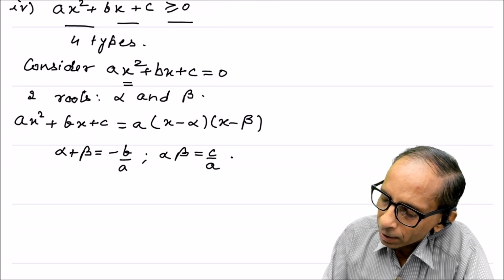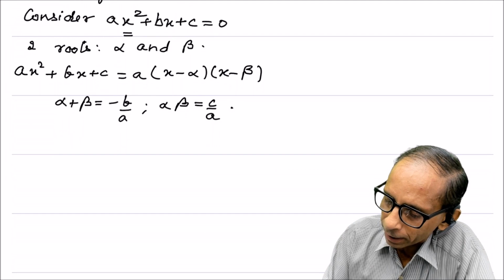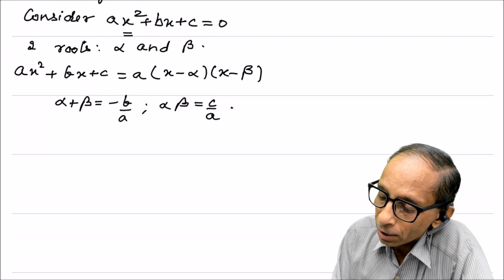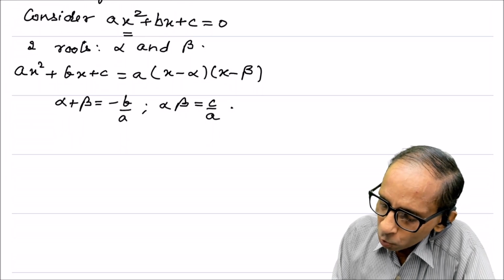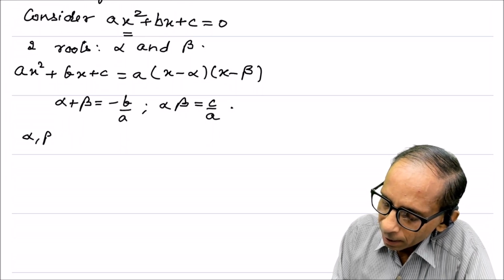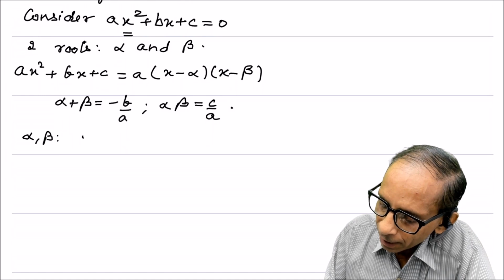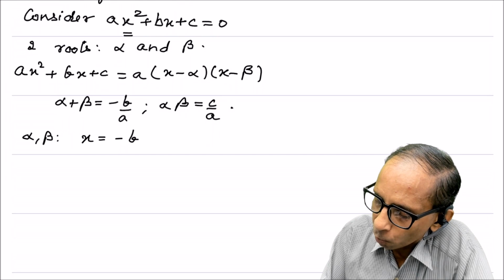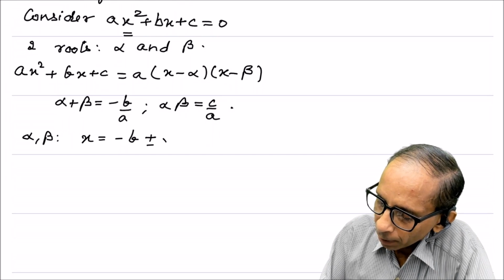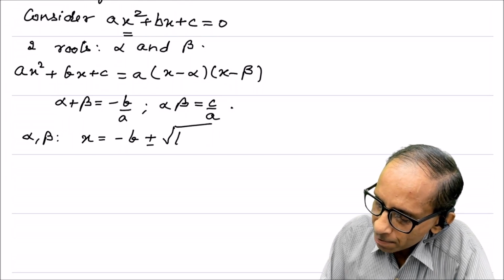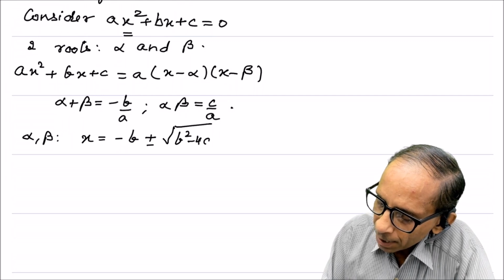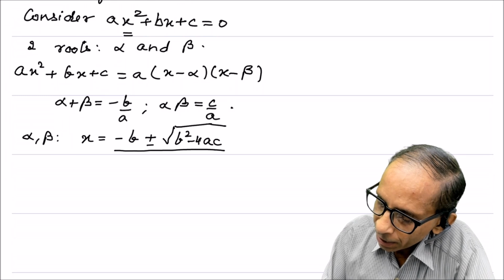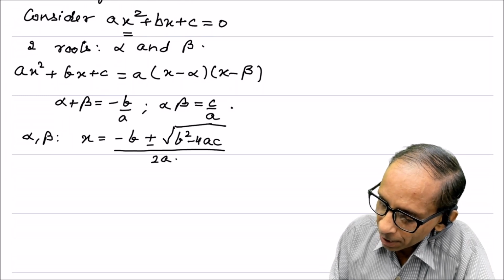So when we are given a case of a quadratic, the essential question before us is what are the roots? The roots alpha and beta are given by the formula x equal to minus b plus minus the root of b square minus 4ac, divided by 2 times a.